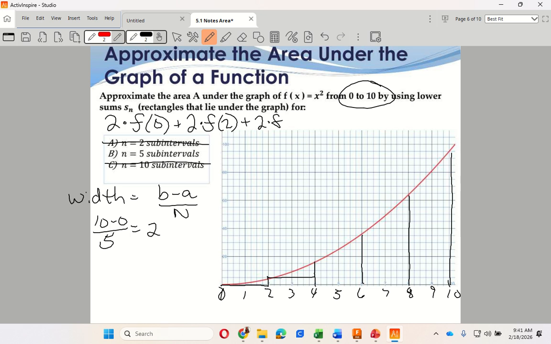Since everyone's still paying attention, there is a left-hand side, which no matter the function, which one do you always pick? The left-hand side. What if we're doing a right-hand one? Guess which one we always pick? The right hand. So in the function, we are looking to see what it's asking for.